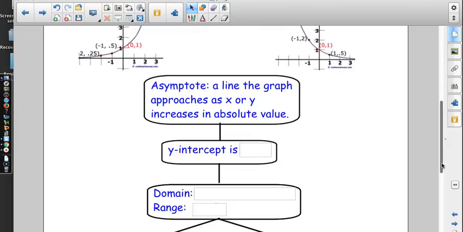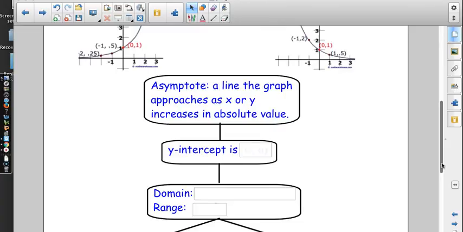Again, it's a line that the graph approaches, but it's never quite going to get there. Like I was talking about when I said it's 1/32, then it's 1 over 64, then 1 over 128, and then 1 over 256. It's never going to get to 0. We always have another number that we can divide by 2, or multiply by 2 in the case of the denominator. A line the graph approaches as x or y increases in absolute value.